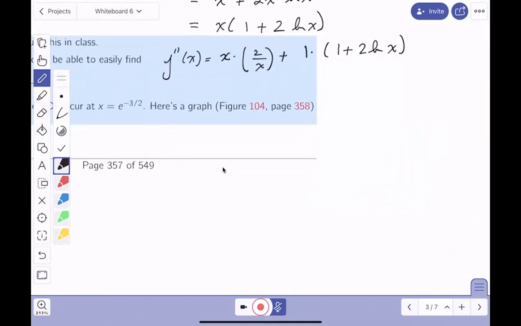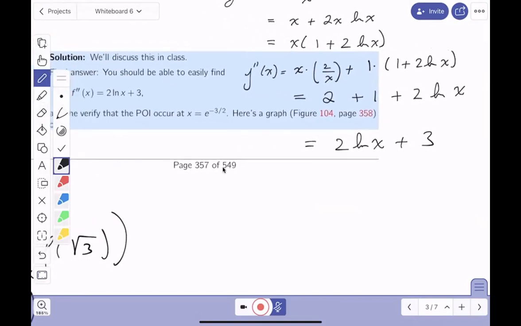It pays to simplify things if you can. This would be what? 2 plus 1 plus 2 ln x. That's going to be 2 ln x plus 3.